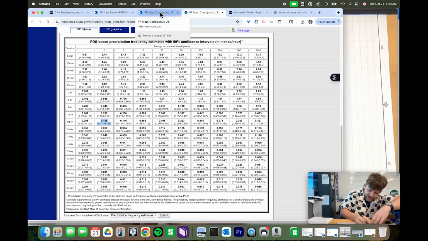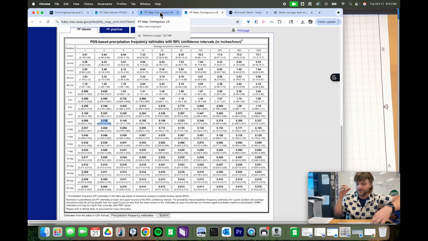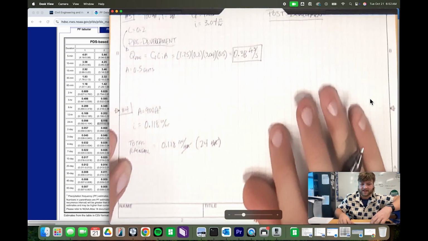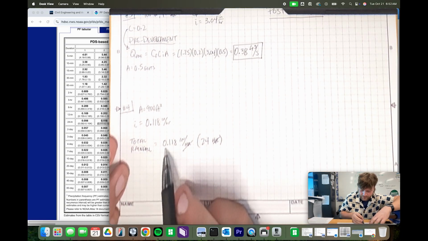Now, in terms of the total rainfall, that is going to be this value of 0.118 inches per hour. And we're going to multiply that by the 24 hours that rainfall is going to be coming in. Now, the hours are going to end up canceling in here. This is our intensity, right?